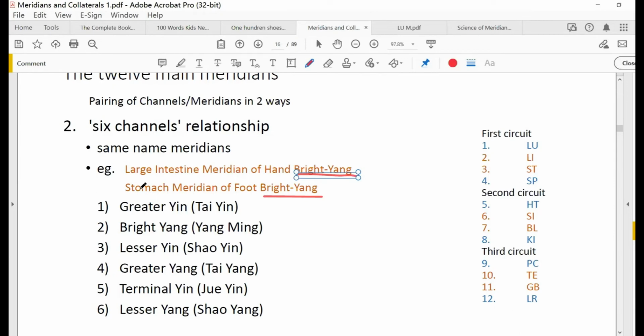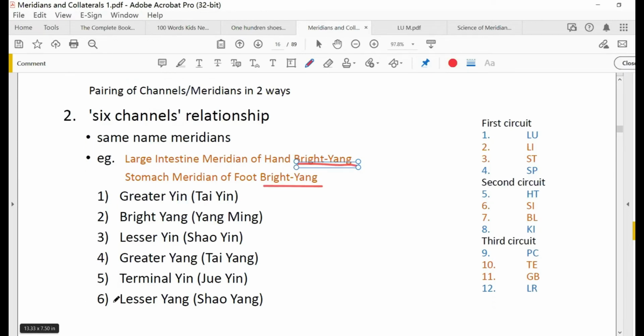So when we summarize, we have 6 channels: greater yin, bright yang, lesser yin, greater yang, terminal yin, lesser yang. Let's take a look at the names. Is there any pattern here? Probably not. Okay, we just think about it.